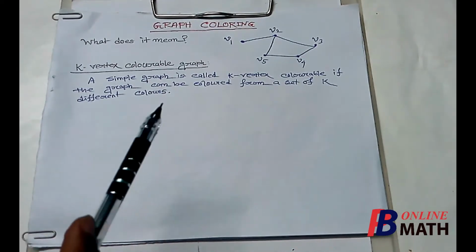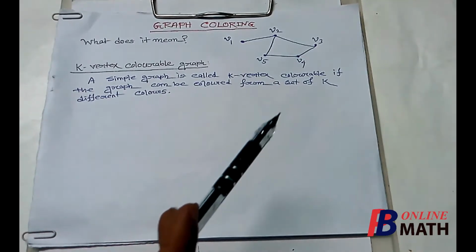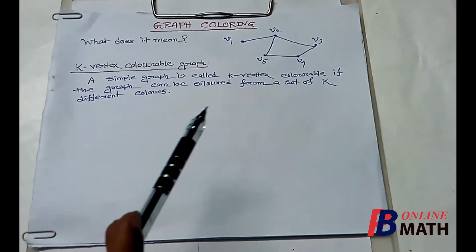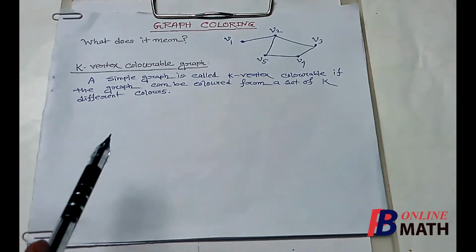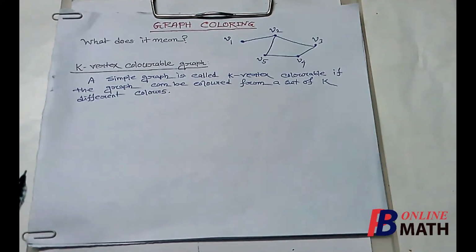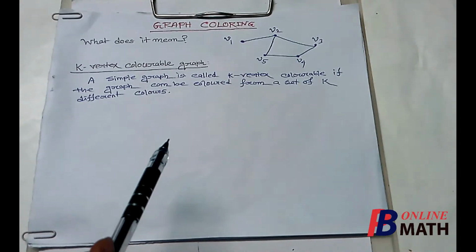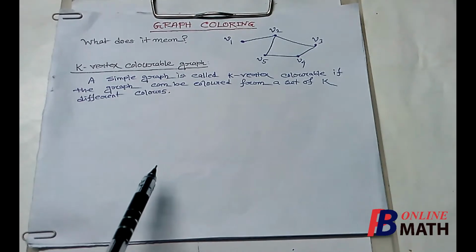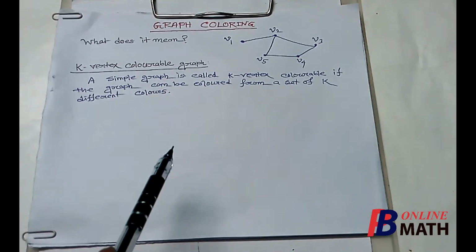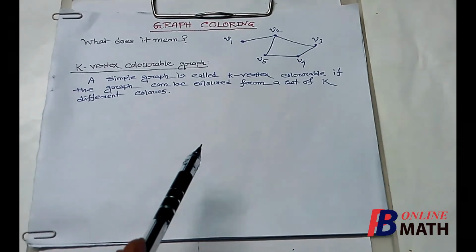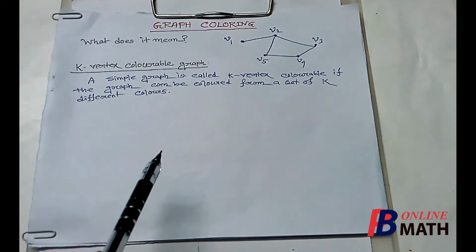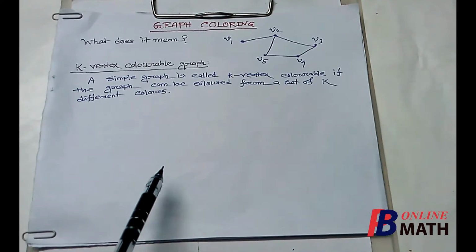A simple graph is called K vertex colorable if the graph can be colored from a set of K different colors. So suppose we have been given a set of K different colors. Now if a given simple graph can be colored by the set of K different colors, then we call the graph K vertex colorable.